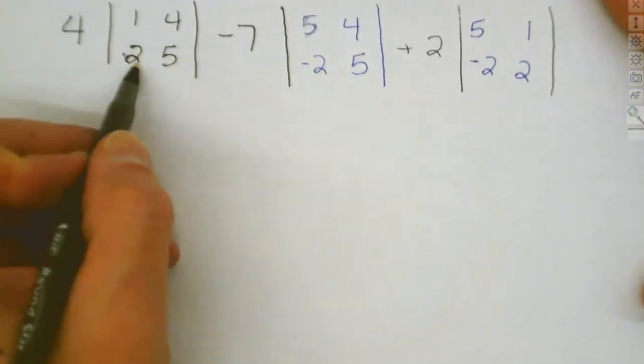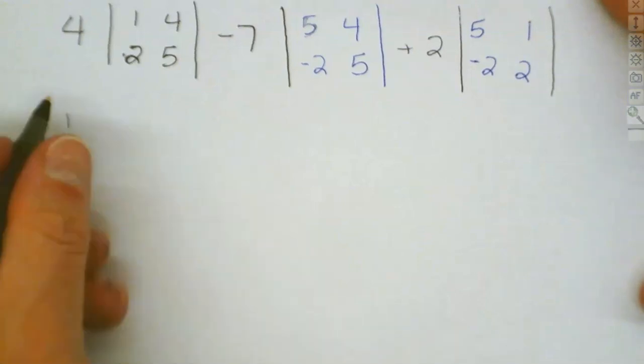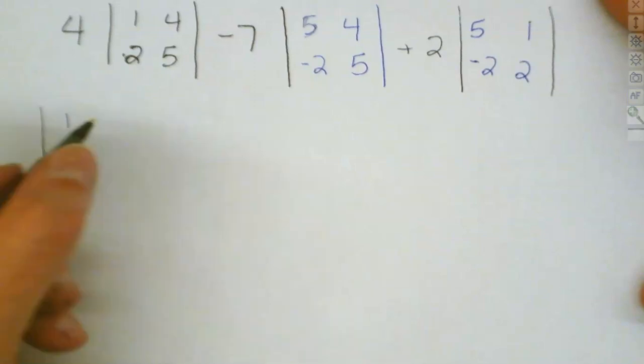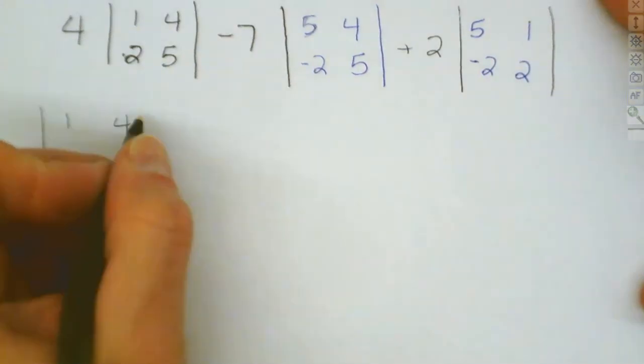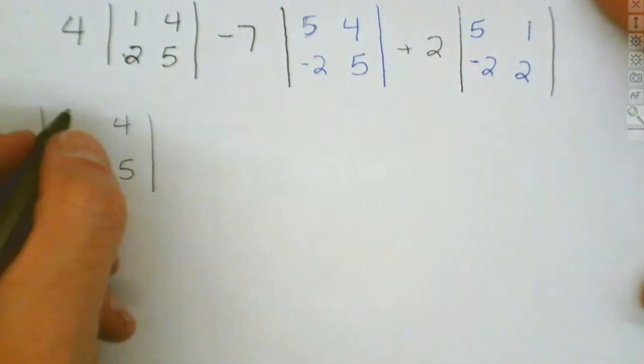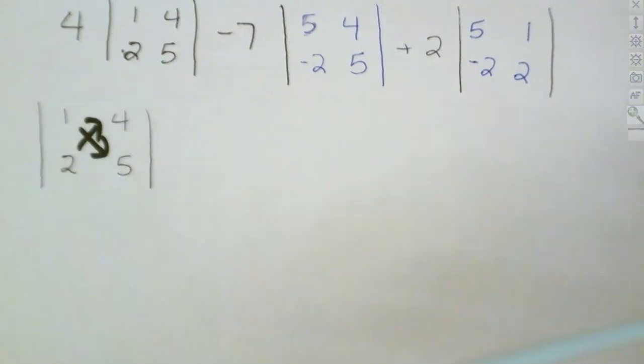So let's look at this determinant. So let's try this one. We've got 1, 2, 4, and 5. We just did these a moment ago. Cross and subtract.